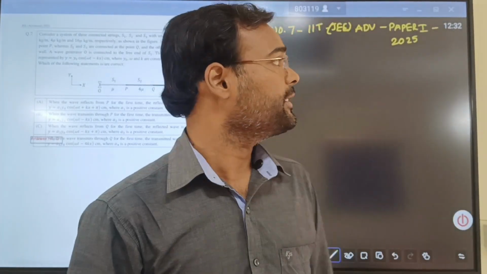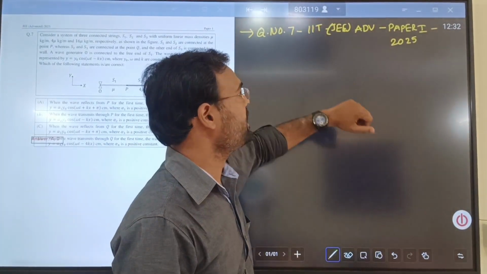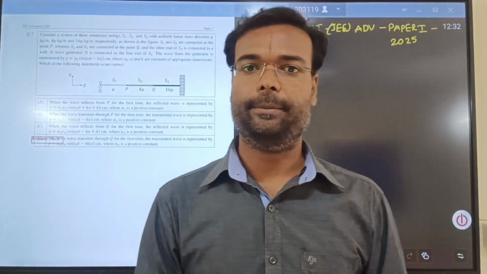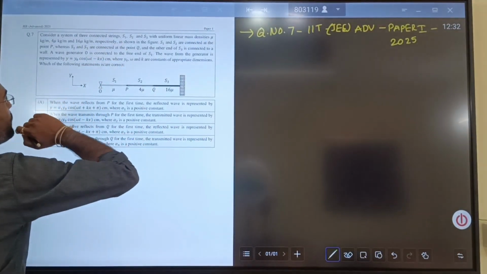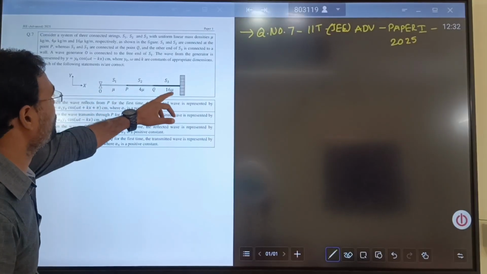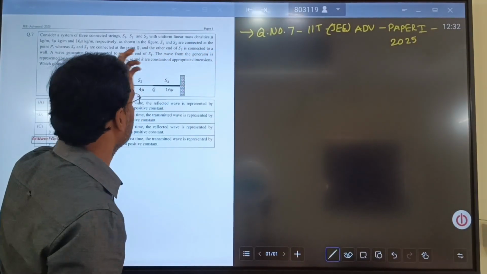And today we are going to discuss question number 7 in IIT JEE Advanced Paper 1 2025. The question is about a system of three connected strings S1, S2, S3 with uniform linear mass densities.